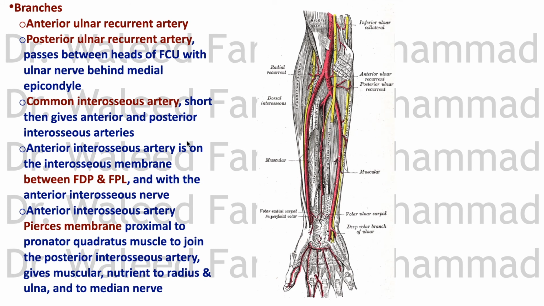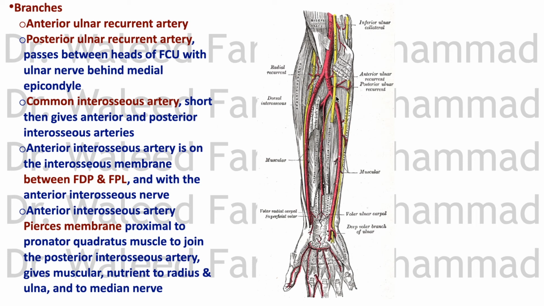Branches of the ulnar artery: the anterior ulnar recurrent artery and the posterior ulnar recurrent artery, and they share in the elbow anastomosis. The posterior one passes between the heads of flexor carpi ulnaris with the ulnar nerve.